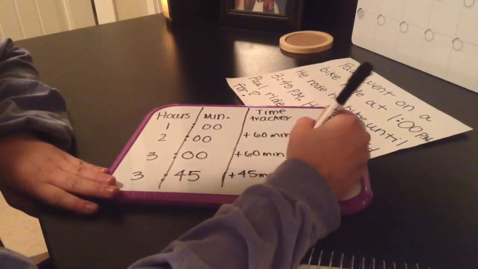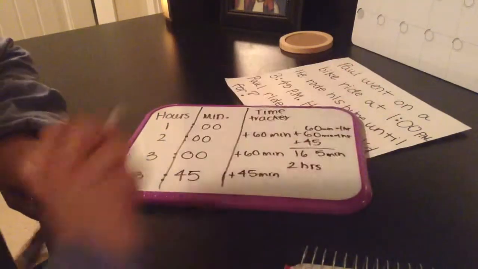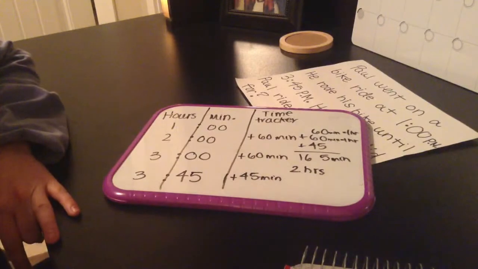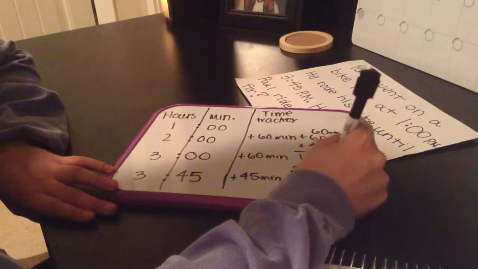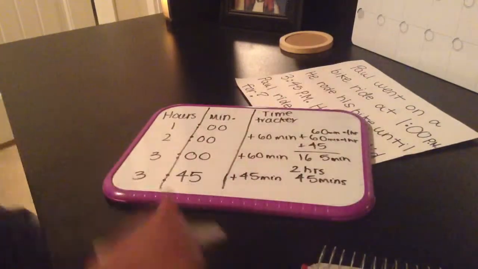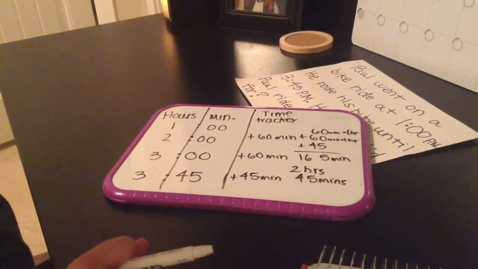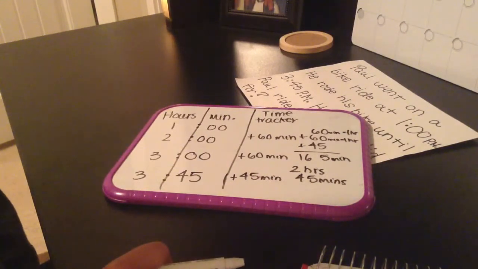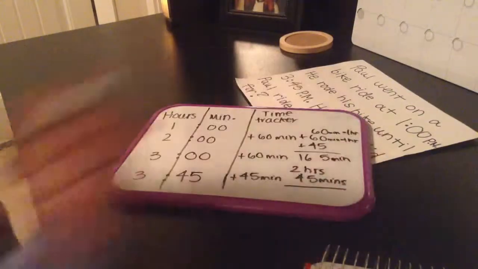So we're going to write 2 hours. And all that we have left is 45 minutes. So by regrouping the 165 minutes into 2 hours and 45 minutes, we found out that Paul rode his bike from 1 o'clock to 3:45 for a total of 2 hours and 45 minutes.